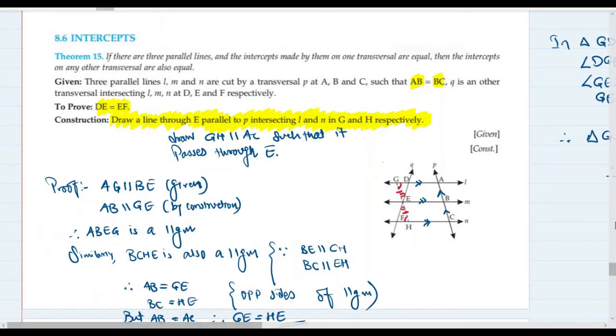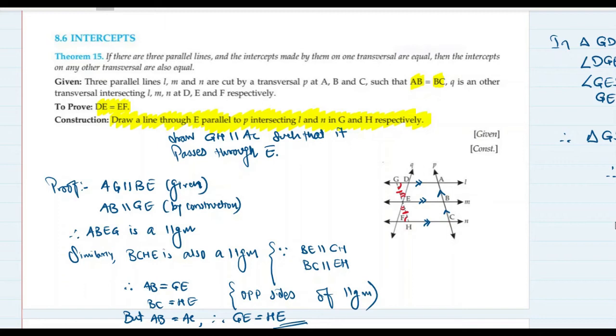Right? Did you understand? So the main idea behind this proof was doing the construction. If you're able to do the construction properly, then you have to write all these statements where you have to prove ABEG and BCHE as parallelograms and their opposite sides are equal. But AB is equal to BC is already given because the transversal P is cutting two equal intercepts AB and BC.